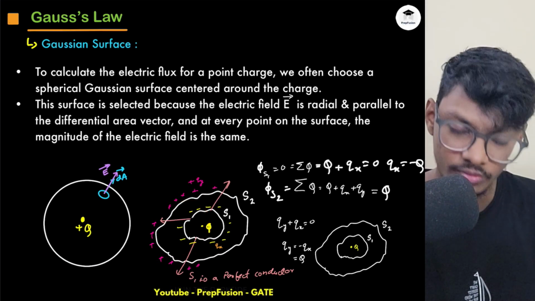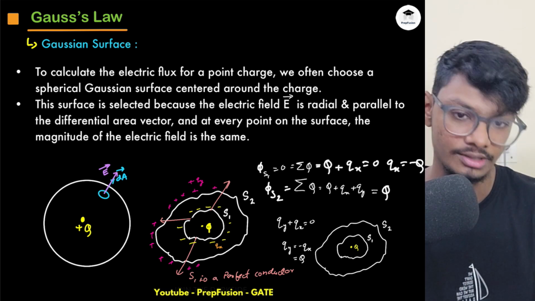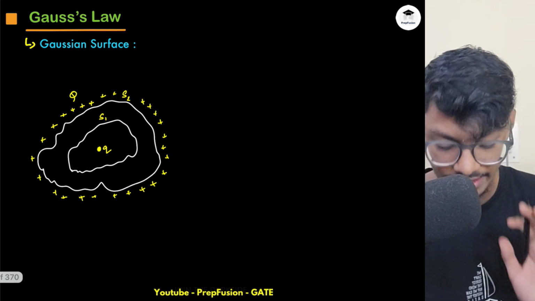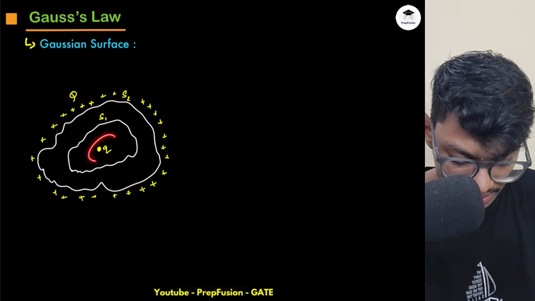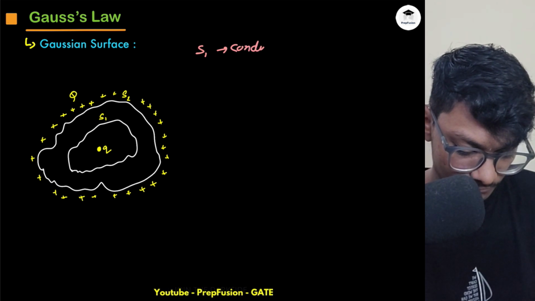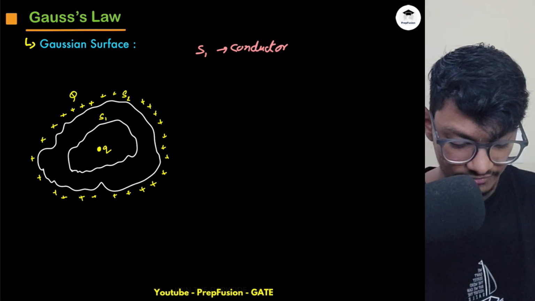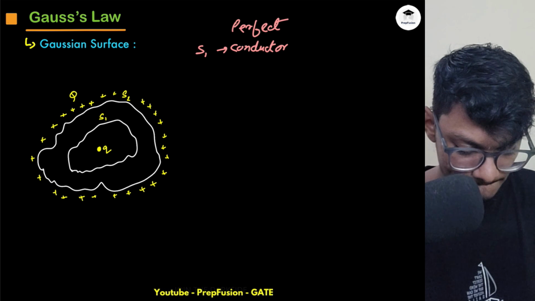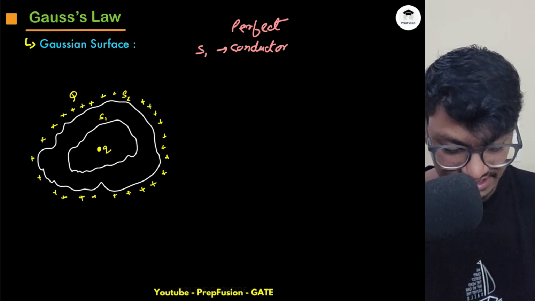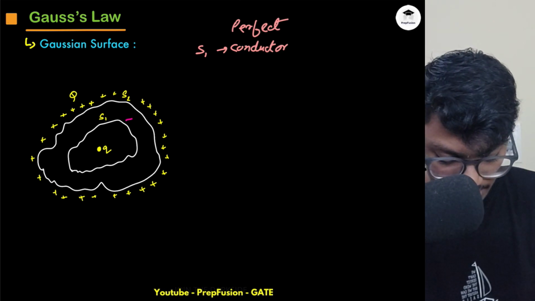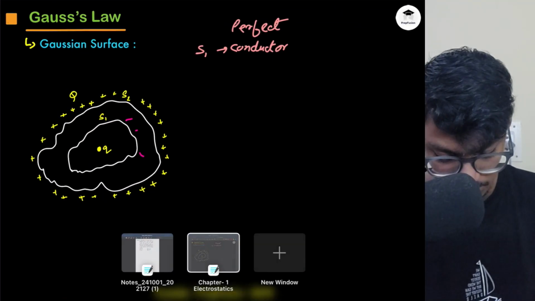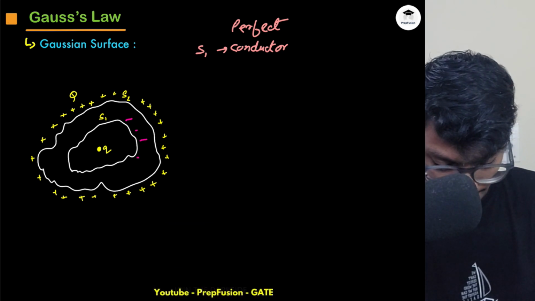Don't worry if you couldn't understand it right now, we'll use this example later on as well. So the main point I wanted to make is, if S1 is a perfect conductor and there is some point charge, somehow I get it here. Due to this point charge, by induction without any touching, it will generate negative charges here of magnitude q, but it will be minus q.